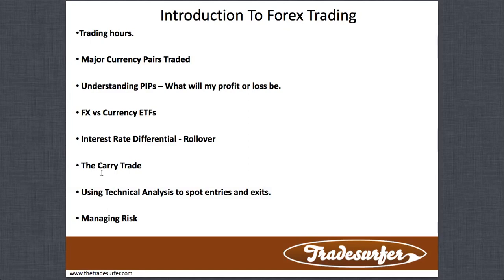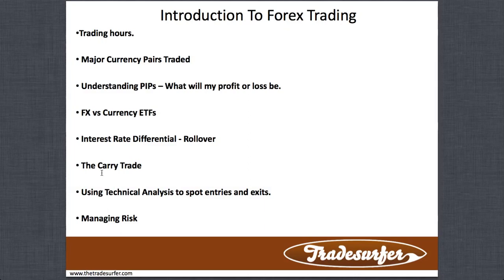So we'll go to the trading hours. Essentially, they really trade 24/7 for 5.5 days of the week. The major currency pairs, there are many currencies, but normally most traders stick to a certain amount. Pips, we'll learn what pips are, and that's the minimum price moves, or dollar per minimum price move, that you can make or lose.